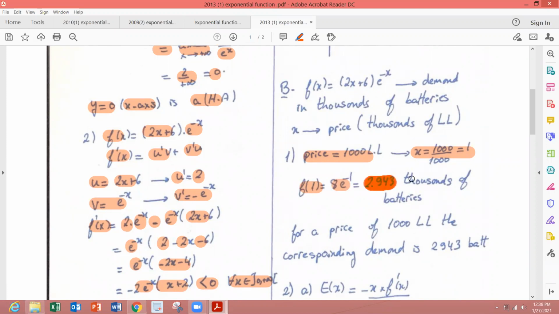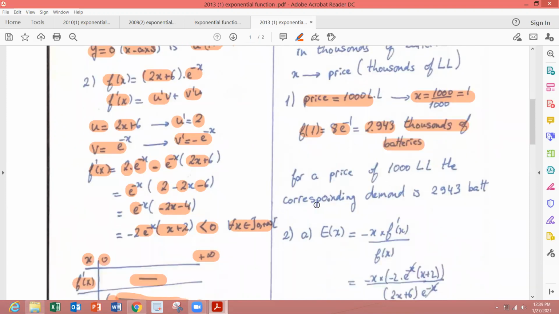Since the unit is thousands, I take 3 digits after the decimal, 2.943 thousands of batteries. So for a price of 1000 Lebanese lira, the corresponding demand is 2,943 batteries.